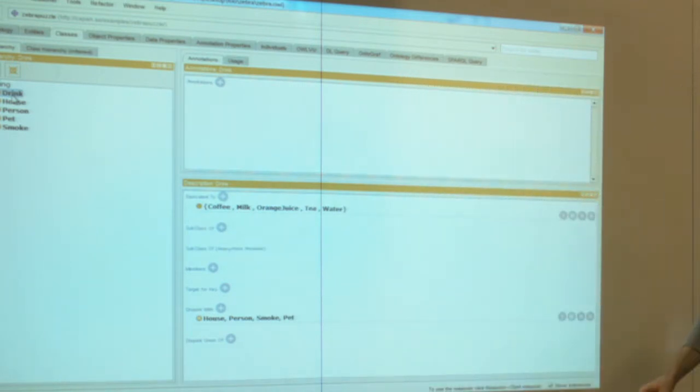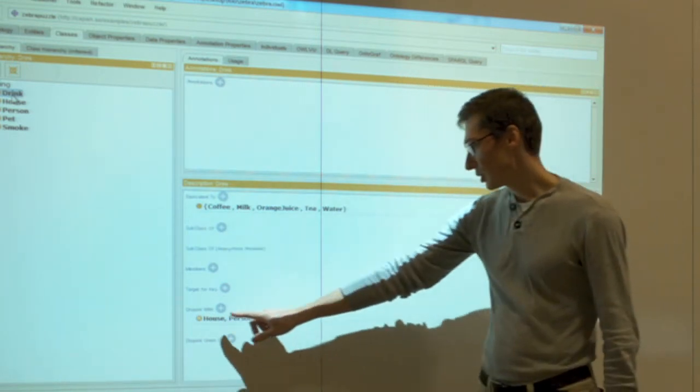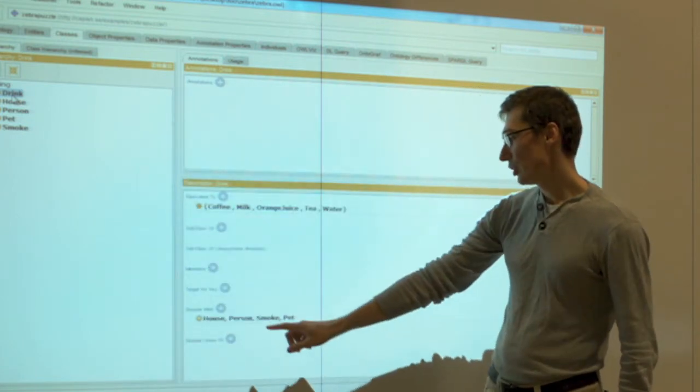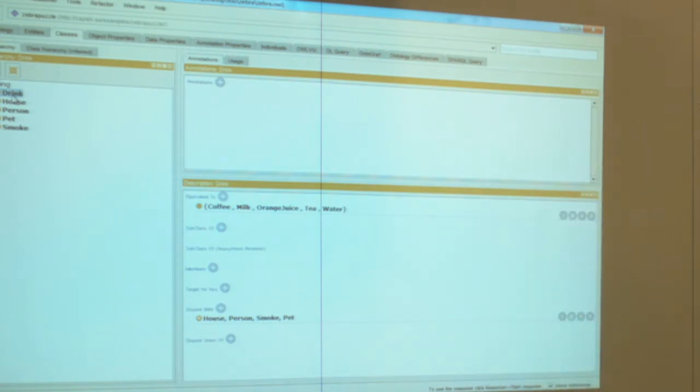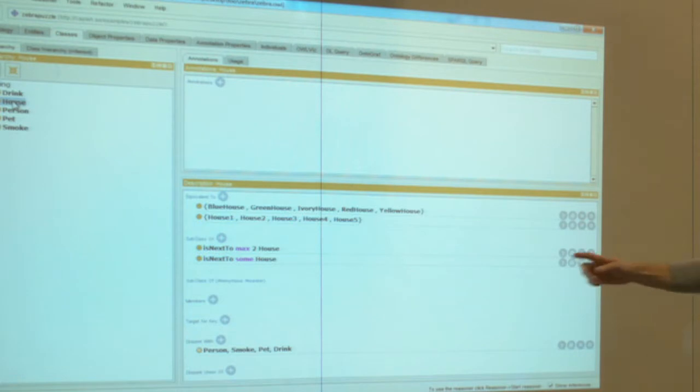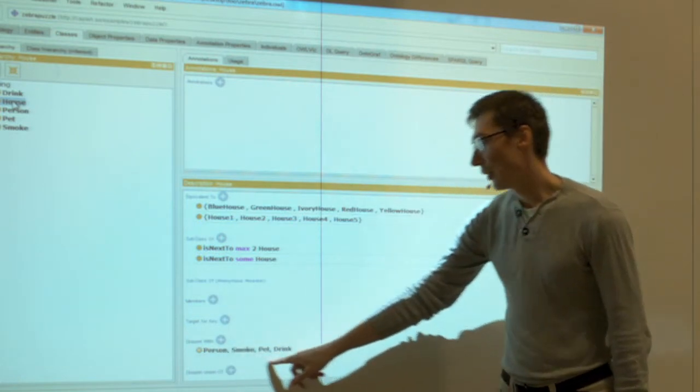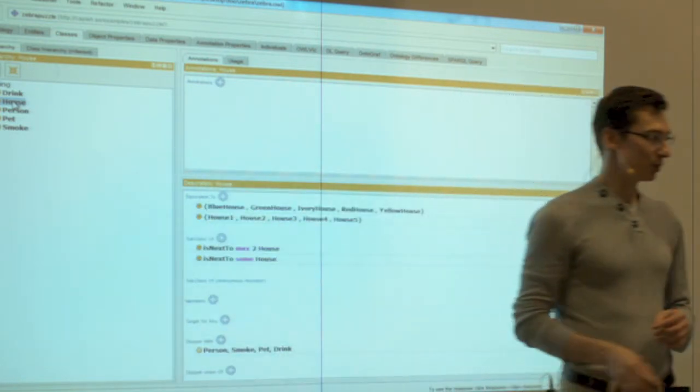So one has to specify it explicitly, for example that drink is disjoint with house, person, smoke, pet. When one does that in Protege, one gets corresponding statements about the other counterparts too.